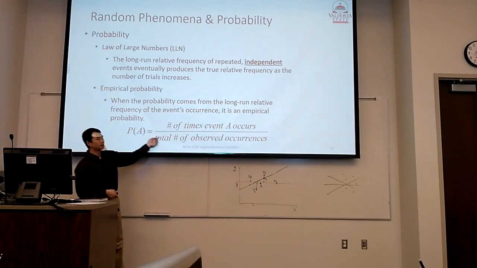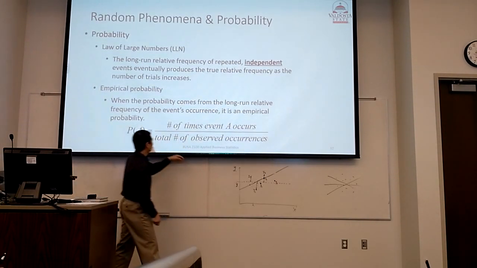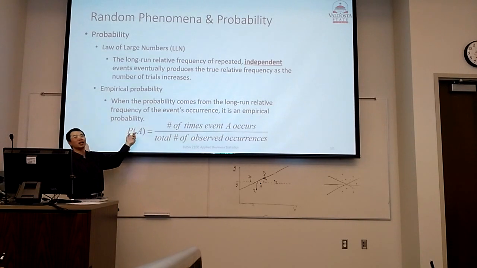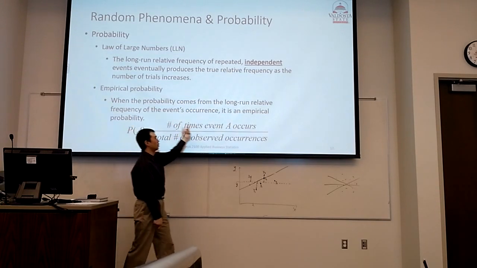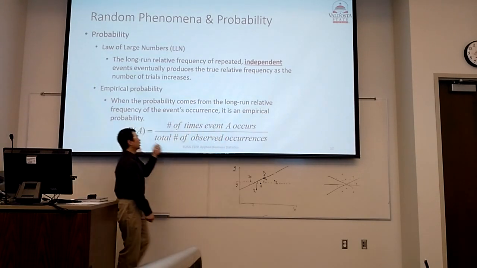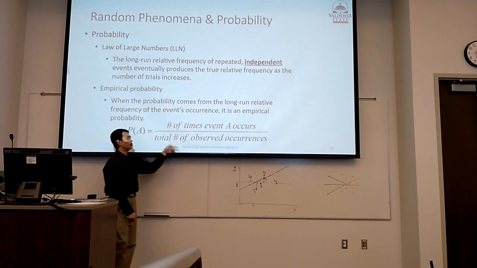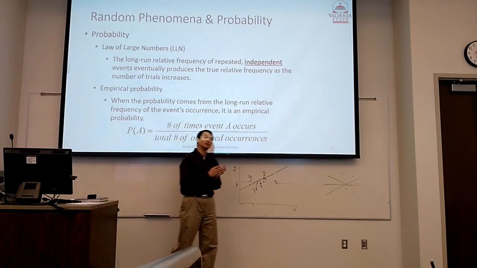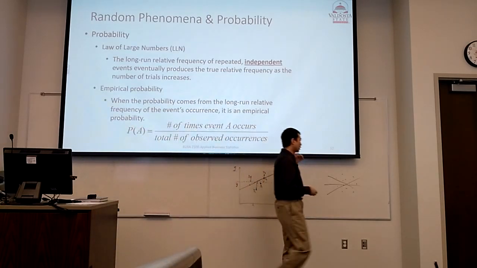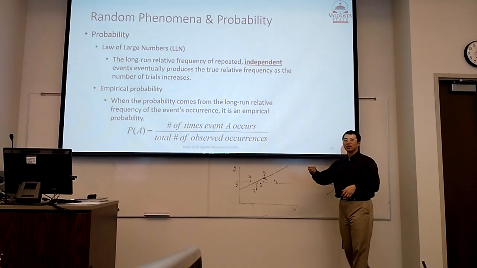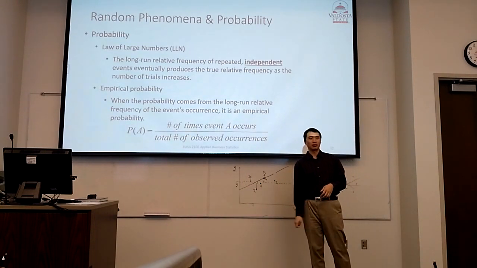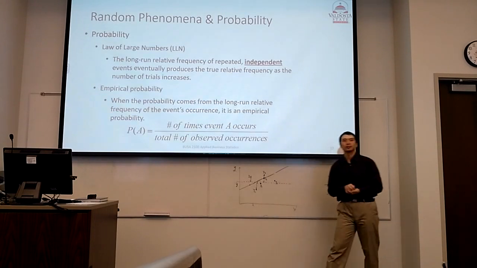So here is the expression: the probability of event A is equal to the number of times event A occurs, divided by the total number of observed occurrences. So that's the probability you get from actual experiments or actual trials.